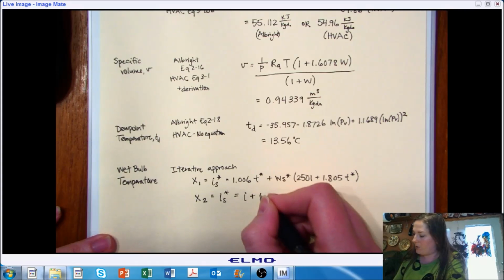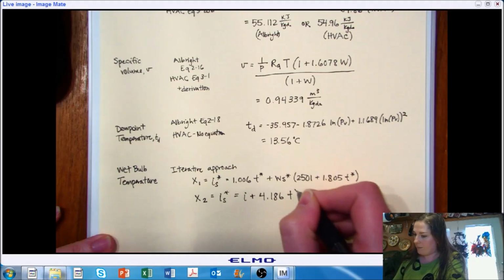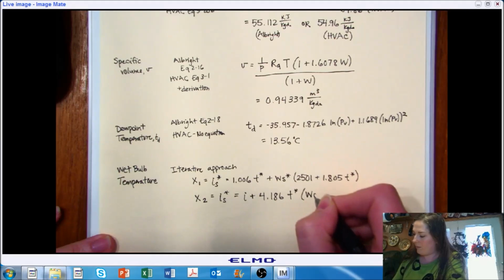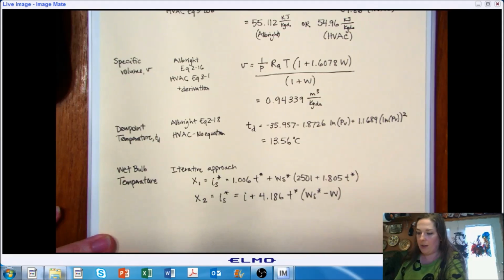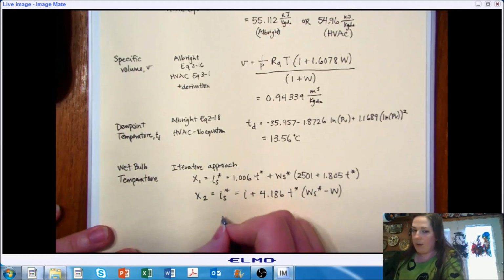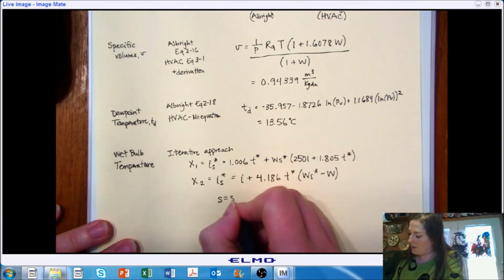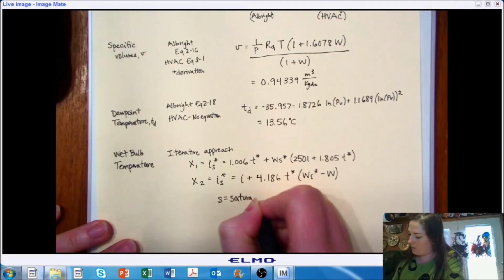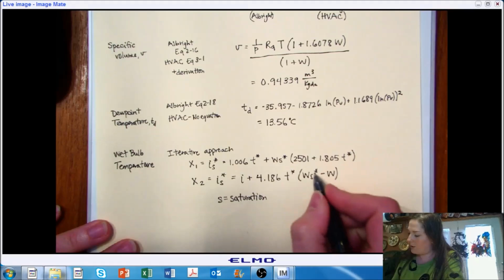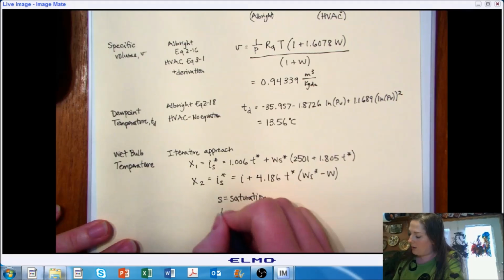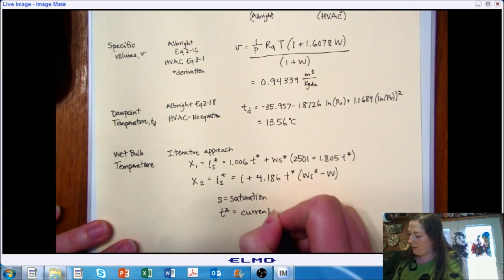Okay, and then the second one is another approach to the same value. And this one does include our current condition. Okay, so with both of these equations, when we use the S, it means saturation, so it's the condition at saturation. T star is our current guess for wet bulb.